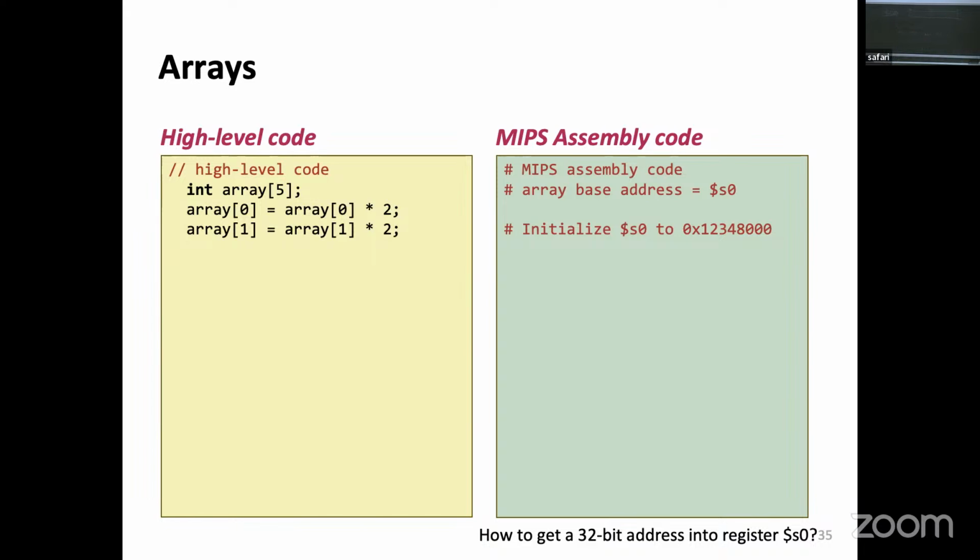So you're saying, take whatever is in register 0, add this number, and write it into S0.